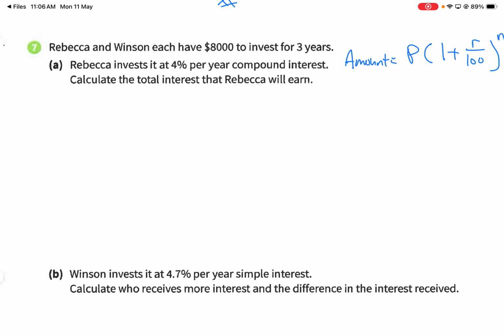Okay? So for Rebecca, 4% per year compound interest.